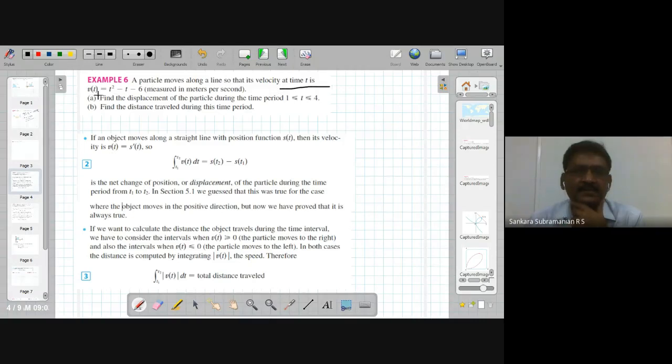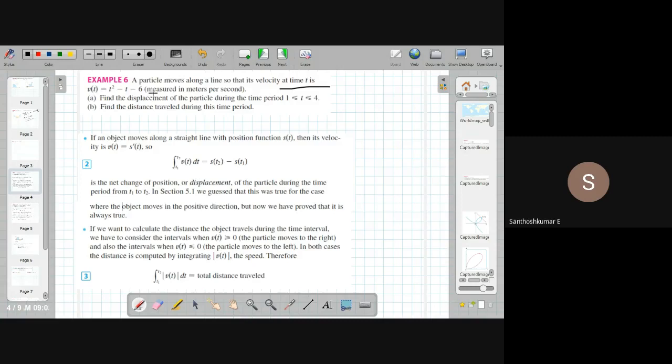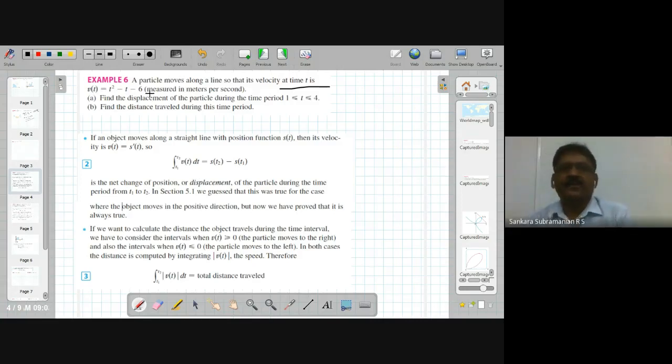Velocity is given. The question is to find the displacement of the particle during the period, where the interval of t lies between 1 to 4. The question is to find the displacement and also find the distance.